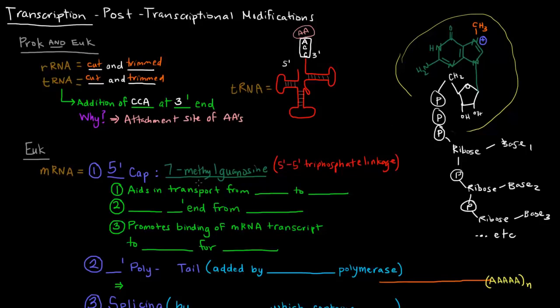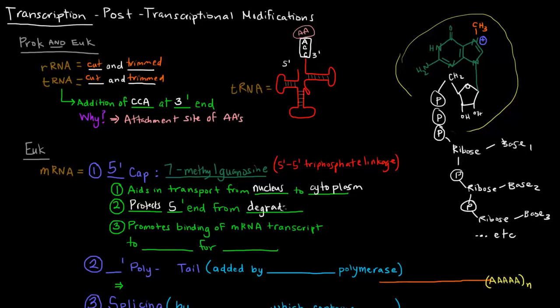What is the purpose of this 5' cap? Well, it does a few things. First is that it aids in transport from the nucleus to the cytoplasm, or the cytosol. That's important because in eukaryotes, transcription occurs in the nucleus. Another thing that it does is that it protects the 5' end from degradation by nucleases.